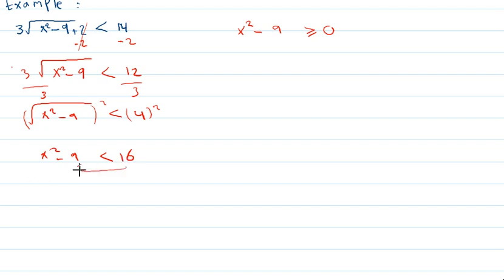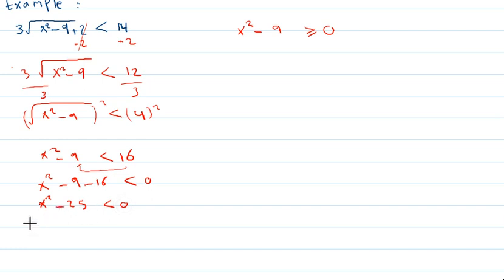I will take this to the other side and change its sign, or simply subtract 16 from both sides of the inequality, which gives us x squared minus 9 minus 16 less than 0. So x squared minus 25 less than 0.